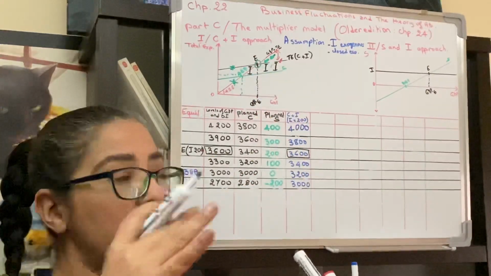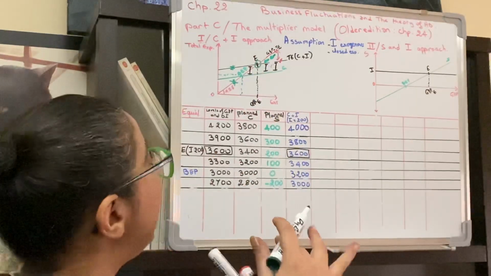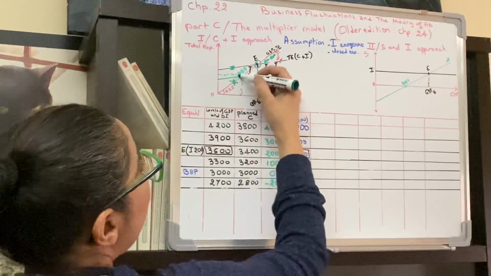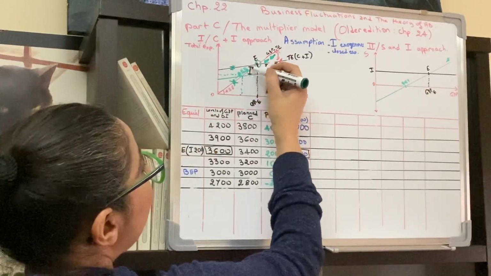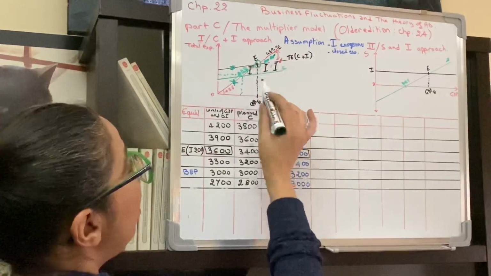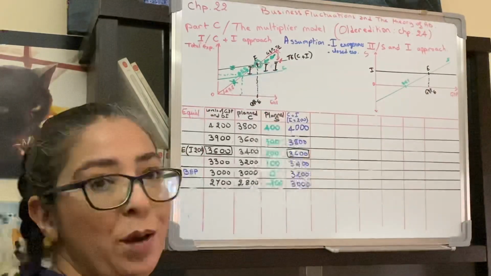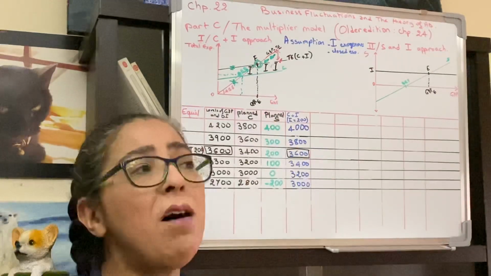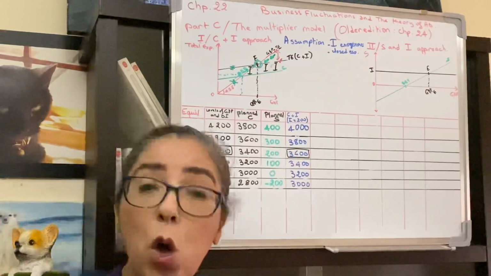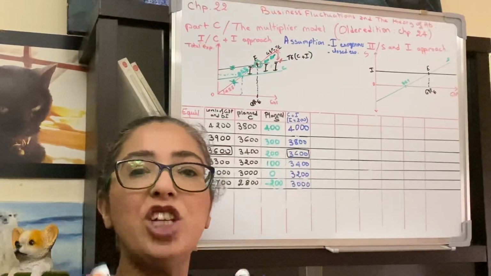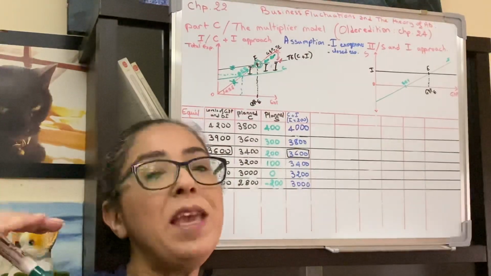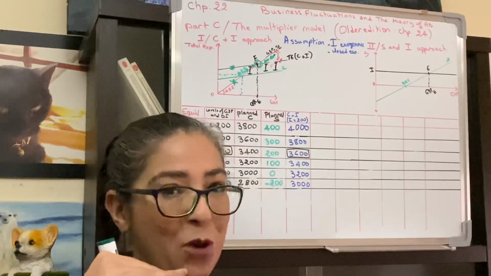So demand is bigger than the supply, so what's going to happen? The suppliers are going to produce more to reach the equilibrium, okay? So whether you're above the equilibrium or below the equilibrium, there is an adjustment mechanism that's going to make you reach the equilibrium, okay?